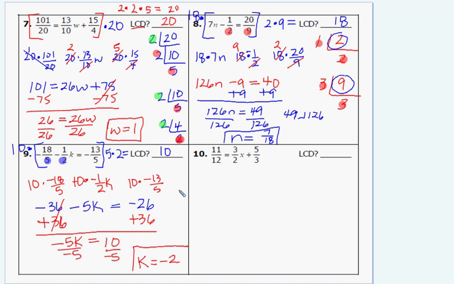Let's go ahead and take a look at number 10. We have 11 over 12 is equal to 3/2 x plus 5 over 3. So, looking between 12, 2, and 3, I want to break these numbers down so I can see what the LCD is going to be.